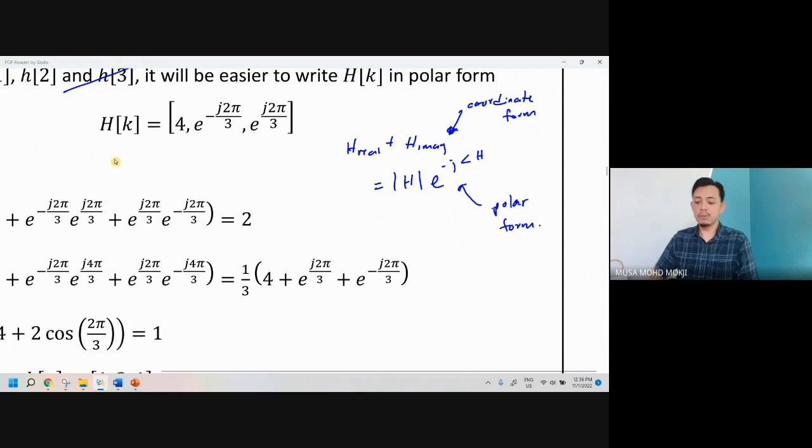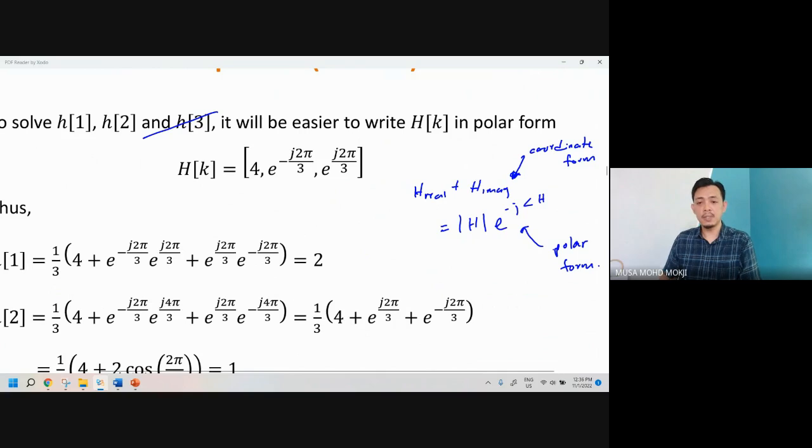But now, how do we do this so that it is easier? If we have our hk in polar form, the first one is 4. Because we have only a real number, which is 4, the magnitude of 4 is 4. And the phase is 0, so e to the power of 0 becomes 1.